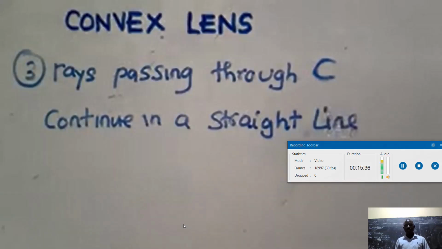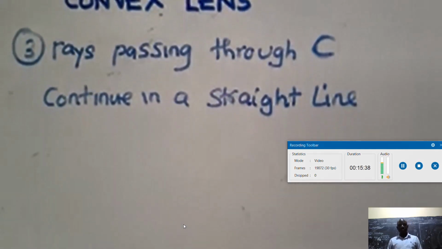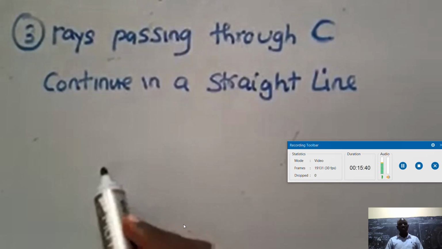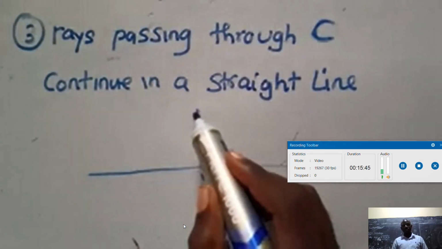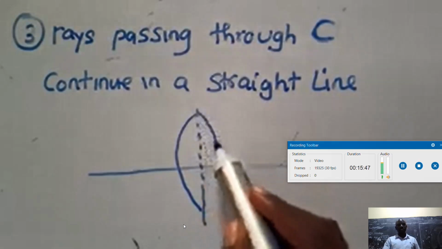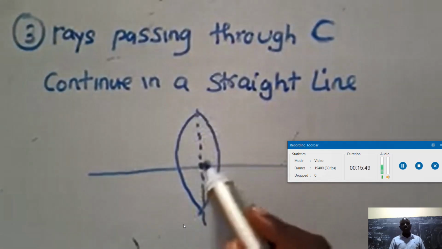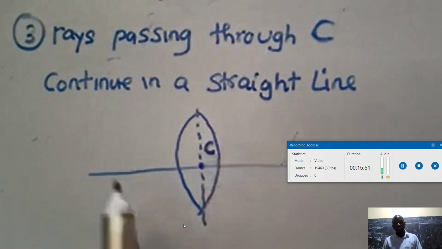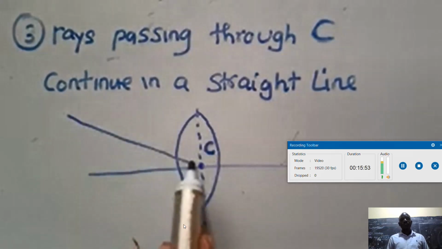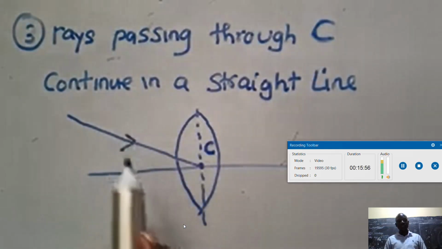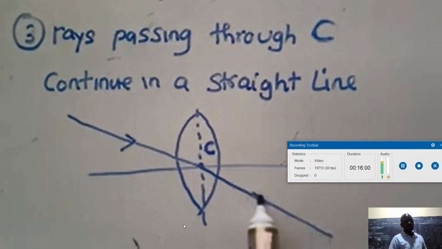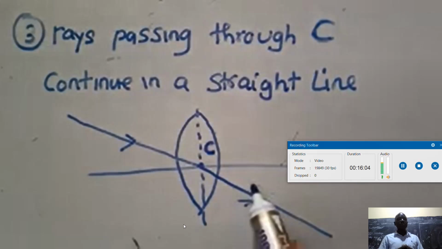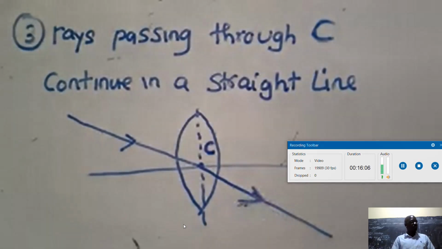So when you have a ray just passing through that optical center, I'm trying to illustrate. The C is there, so I have this ray which is passing through that optical center, and it will go undeviated, or it will trace its own self, or it will move in a straight line.